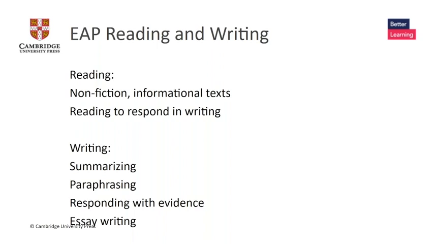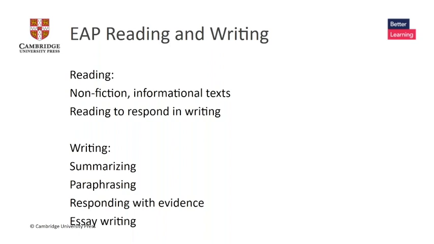In terms of writing skills, there are so many, and I'm just giving you a highlight here of some of the key things we do a lot in EAP. We focus a lot on summary writing and paraphrasing, because those are so critical and foundational to all writing in academia, and also because those skills are very difficult to master. Even native speakers struggle with those skills. We also focus on responding with evidence.